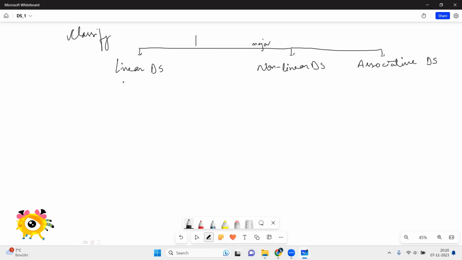So what do you think linear will be? As the name suggests, linear means in a sequential order. You can access data in a sequential way, one after the other. On the other hand, in non-linear, you can access it randomly.